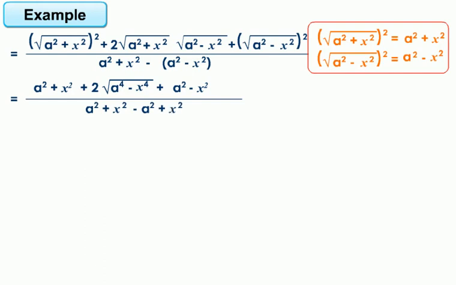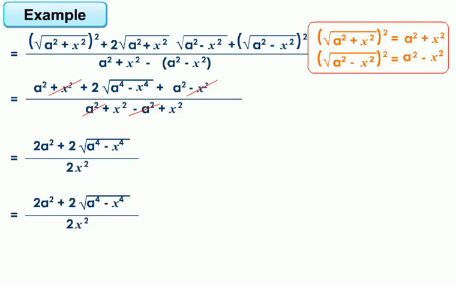This is equal to twice a square plus twice under root a to the power 4 minus x to the power 4 divided by 2x square.